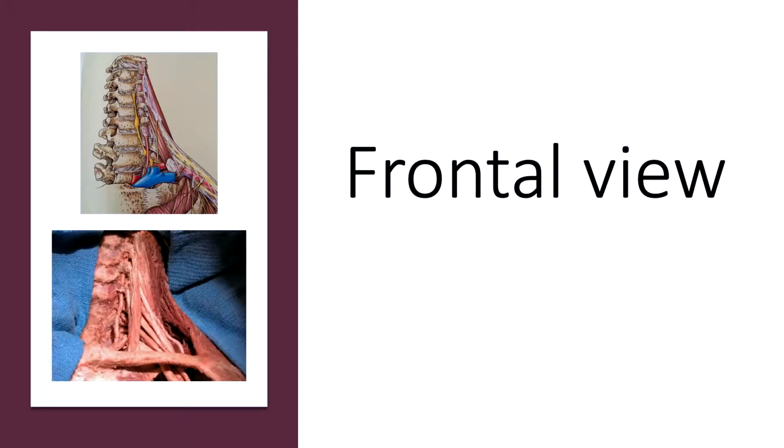So this is from his book, a beautiful rendition of the brachial plexus there by the Swedish artist. And here is my dissection. And you can see that in the frontal view, it's really striking how good the representation of the brachial plexus there is in his book.